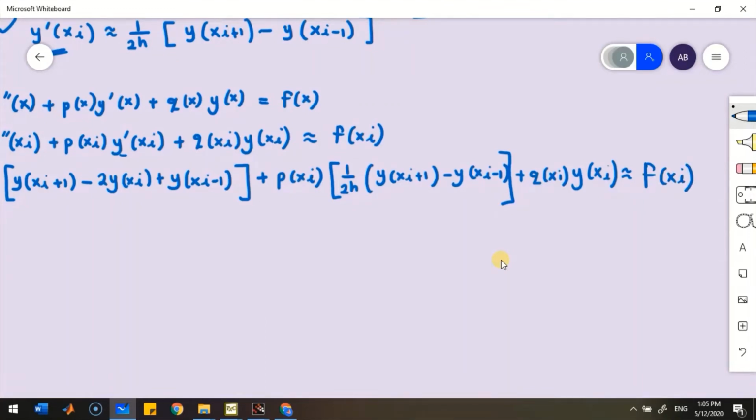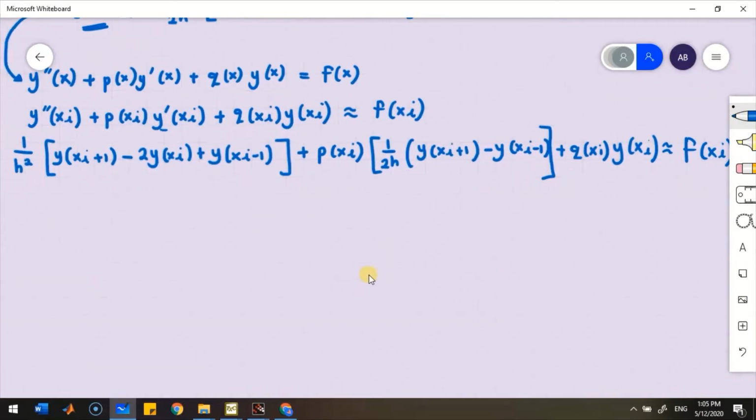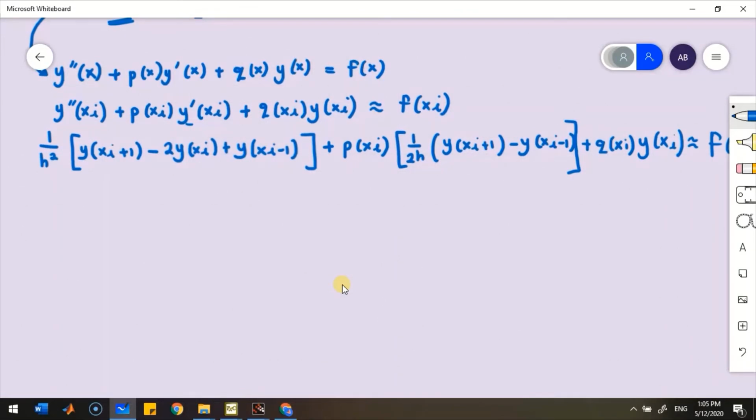Before we simplify this by collecting the common terms, for simplicity, instead of writing y xi plus 1, I am going to write it as yi plus 1.